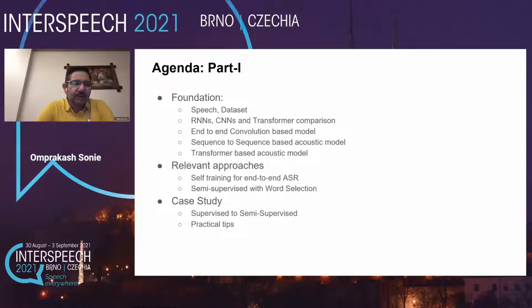One will be self-training for end-to-end ASR, and the second will be semi-supervised with word selection. After building on this foundation, we'll move on to the case study, which will be for supervised to semi-supervised. Based on the recent work done in-house at our company, I'll provide some practical tips on what we actually did to get better results.